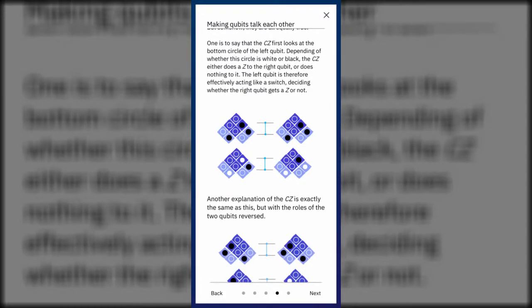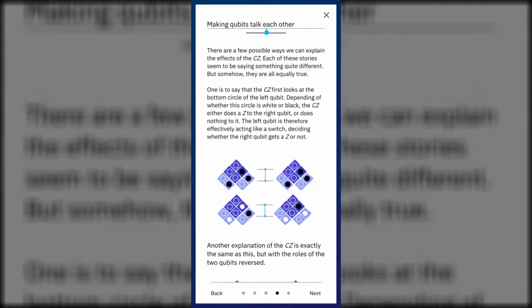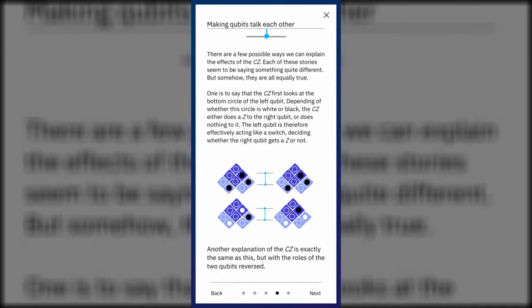So one way is to say that the CZ first looks at the bottom circle of the left qubit, depending on whether this circle is white or black. The CZ either does a Z to the right qubit or does nothing to it. Okay, so the control is the bottom circle of the left.